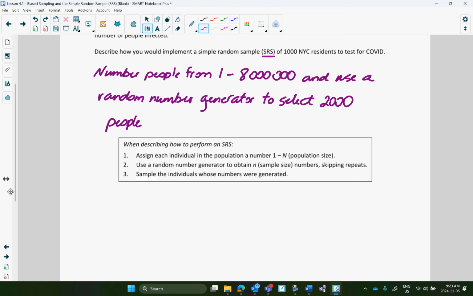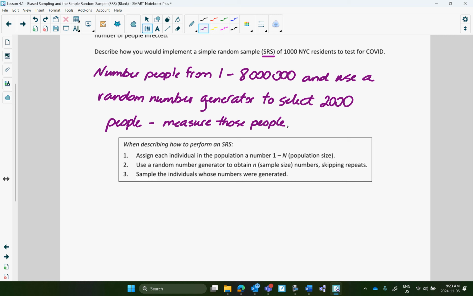And then measure those people, or ask them whatever you're asking them. So this is how you perform a simple random sample.